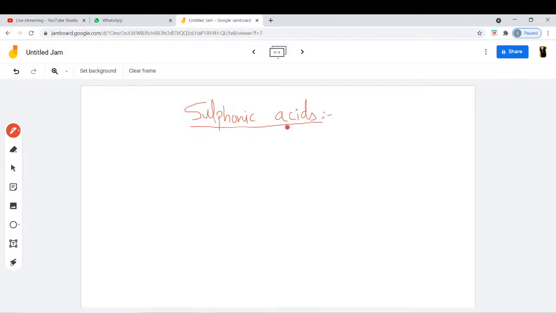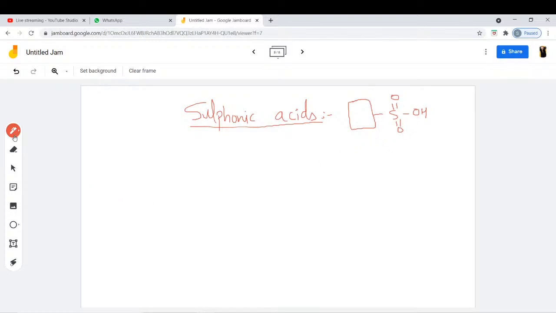The sulfonyl group is S double bond O double bond O, then OH. This is the sulfonic acid. Like carboxylic acid, there will be a certain attachment, and this is the functional group.